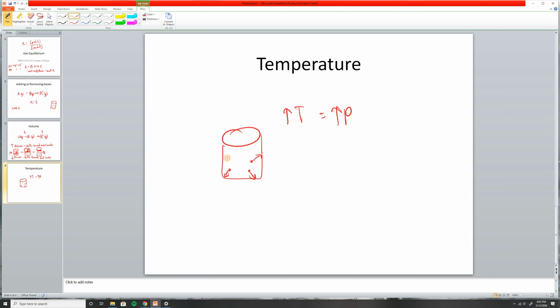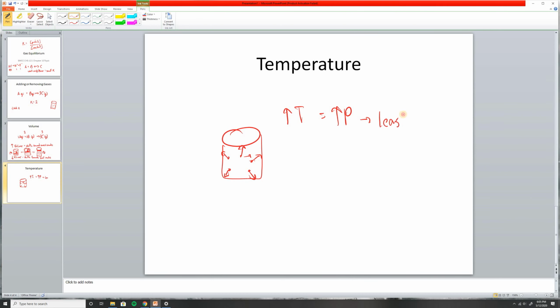The faster the molecules are, the more collisions with the container. The more collisions with each other, you're going to have an increased pressure. That means the reaction wants to decrease the pressure to offset the increase in pressure caused by the temperature increase. Therefore, the reaction will go towards the least moles.